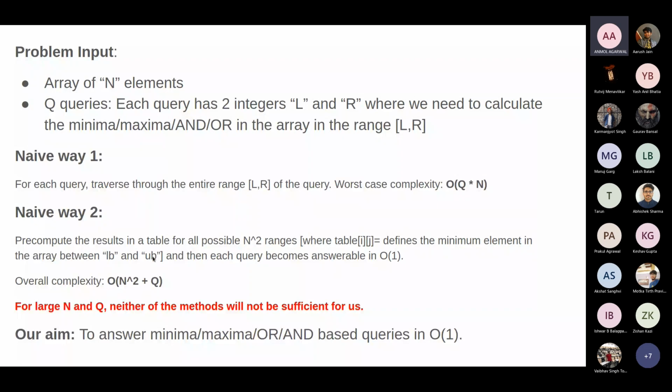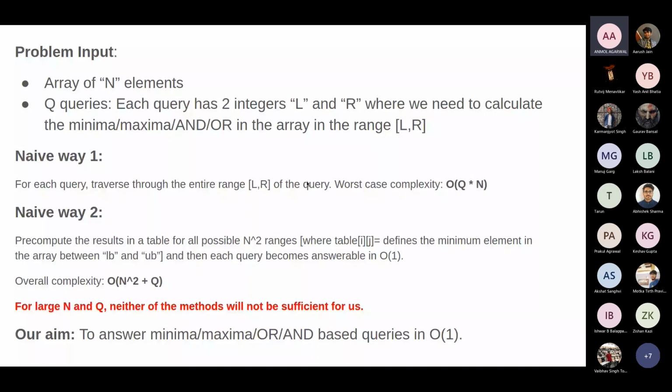Now, for large n and q, neither of these methods will be sufficient, right? Because if, let's say, n is in the range 1e5, then you do not have enough memory or time to construct the table. And if n is 1e5 and q is 1e5, then again the first solution fails as well.